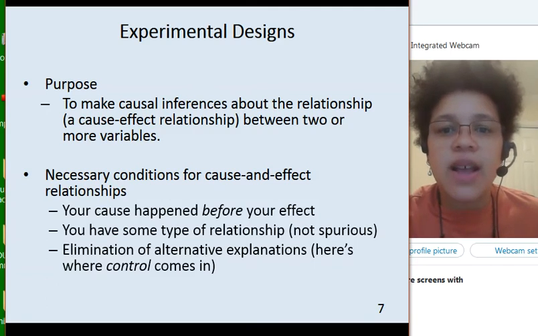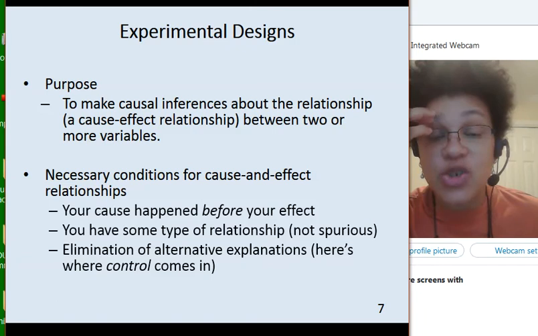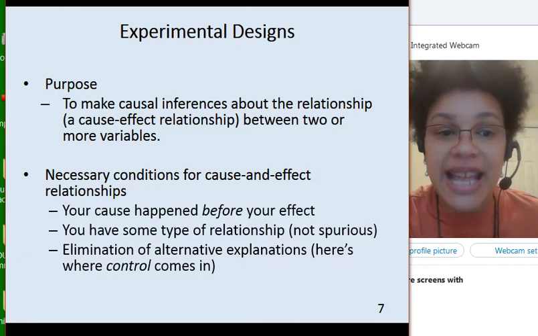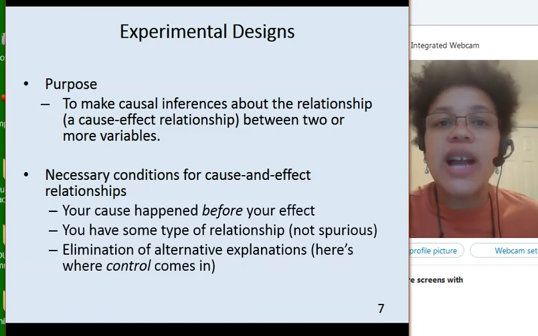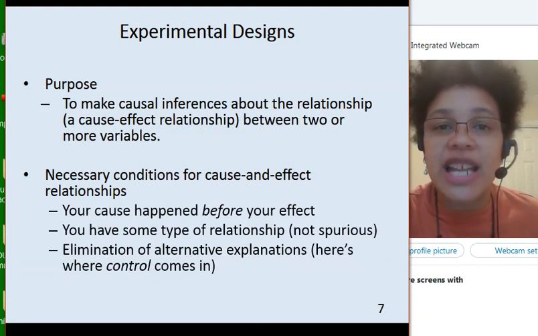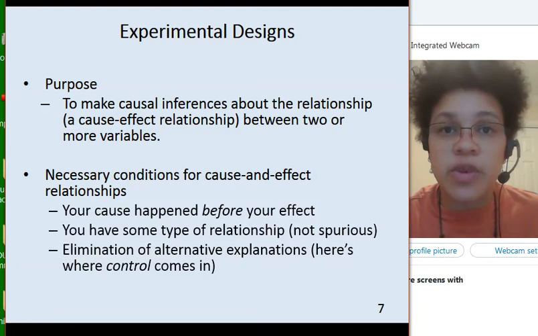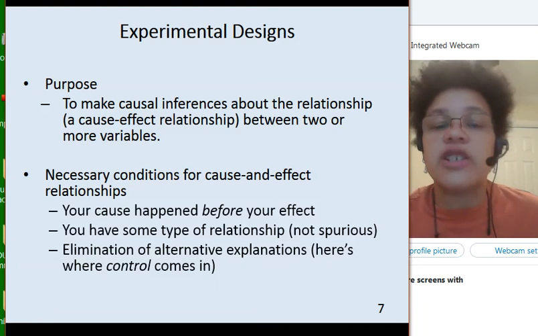That's when we're thinking about controlling for some variable, for example, controlling for socioeconomic status. We're essentially trying to eliminate socioeconomic status as an explanation for whatever it is that we're observing, the effect of our intervention.